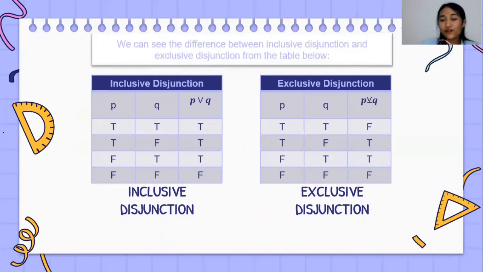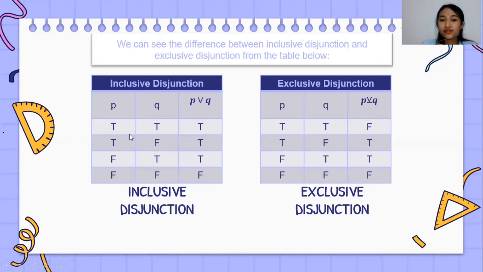We can see the difference between inclusive disjunction and exclusive disjunction from the tables below. On the left is the table of inclusive disjunction. If P is true and Q is true, P or Q is true. If P is true and Q is false, P or Q is true. If P is false and Q is true, P or Q is true. If P is false and Q is false, P or Q is false.